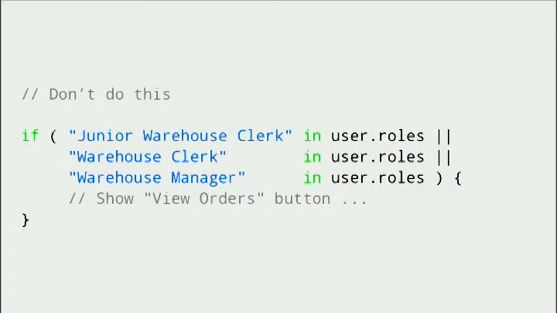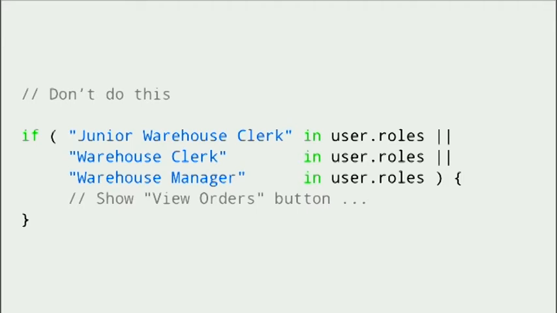Now, this implicit understanding made me very worried that I was going to have to duplicate logic in multiple places in both the server and the client code, and I wanted to find a way to make this as simple as possible. I knew I wanted to avoid logic like this. In this example, if they're the junior warehouse clerk, or the warehouse clerk, or the warehouse manager, then do something.